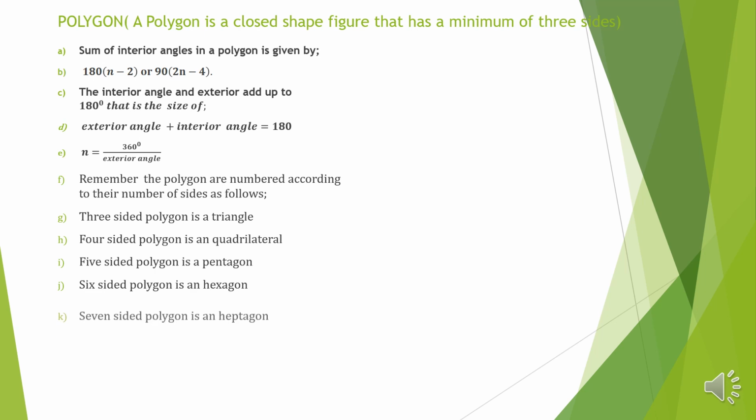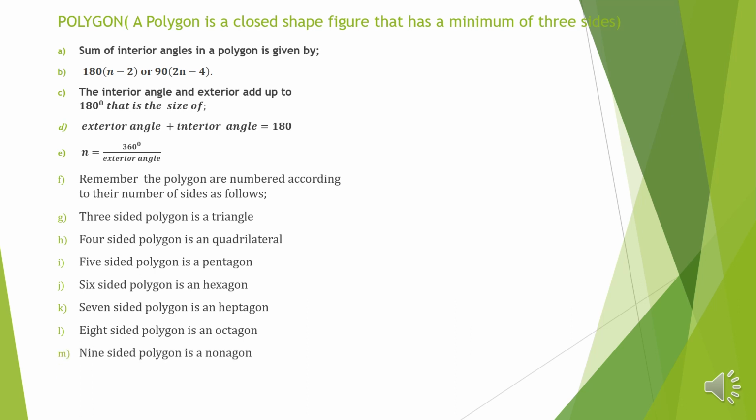The 7-sided figure is a heptagon. An 8-sided polygon is referred to as an octagon. A 9-sided figure we refer to as a nonagon. And lastly, the 10-sided polygon, we refer to as a decagon.